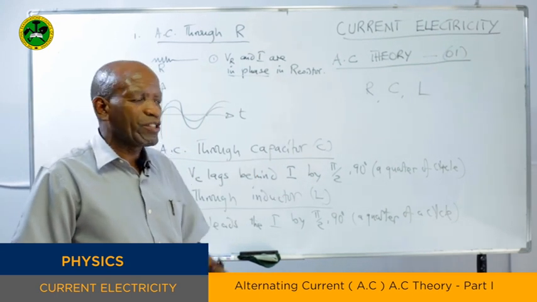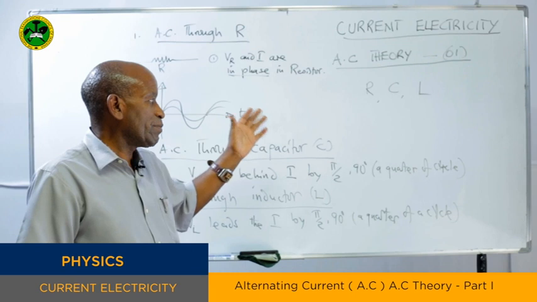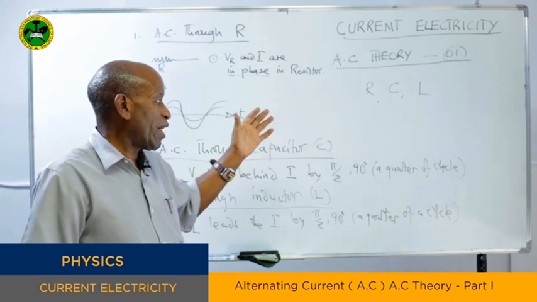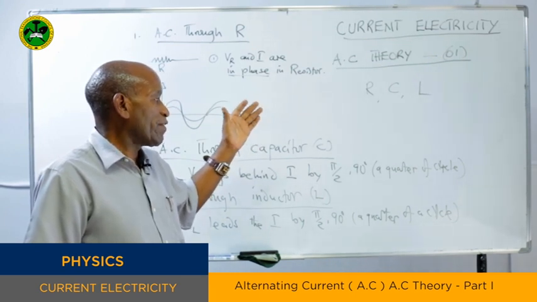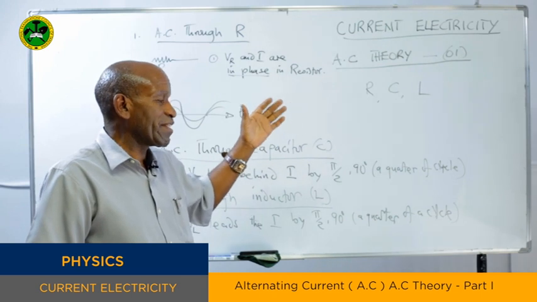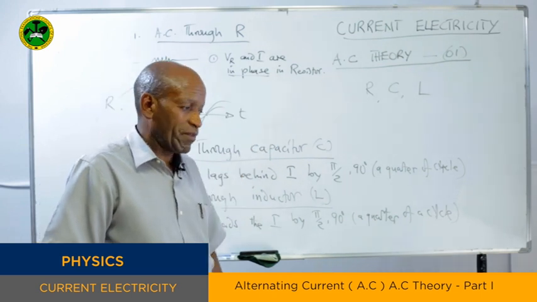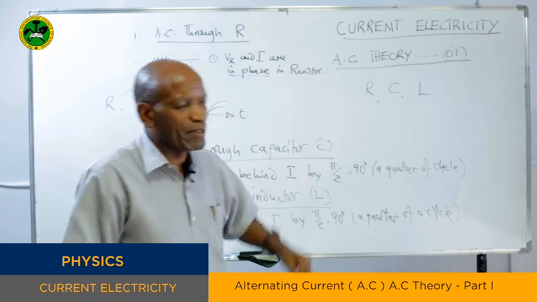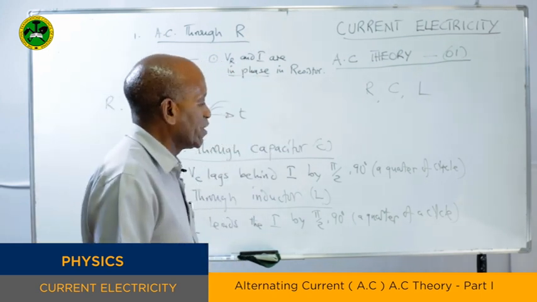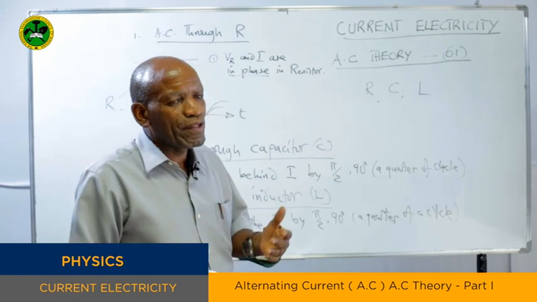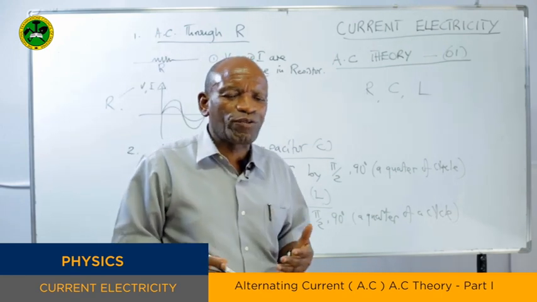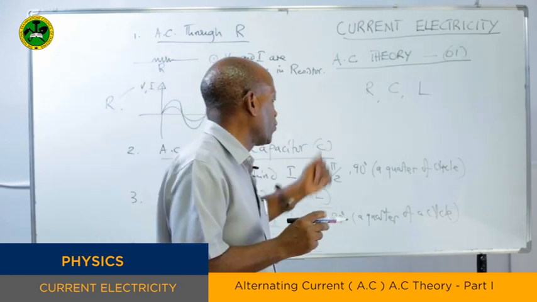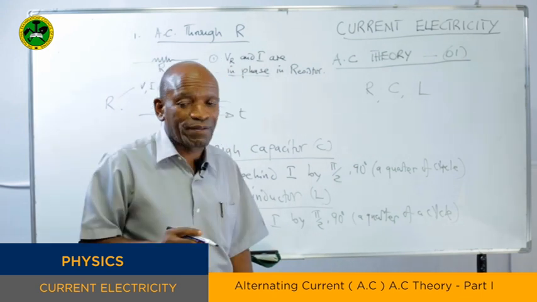Today we shall look at the arrangement in series. But before looking at that arrangement, we really need to see the behavior of the current whenever it's made to pass through these three circuit elements.